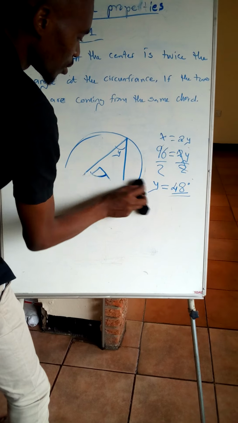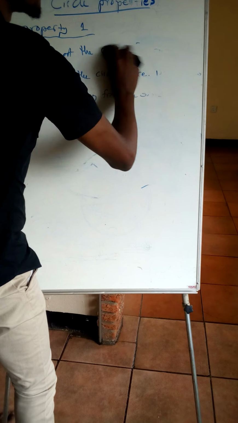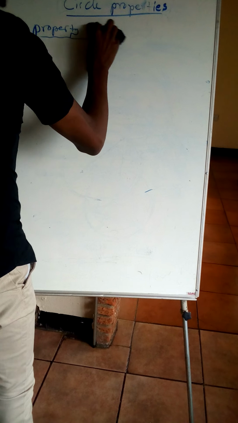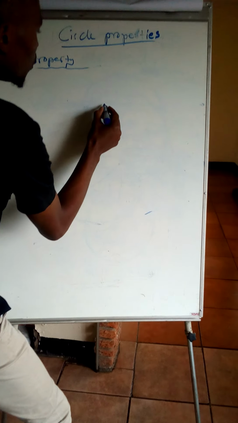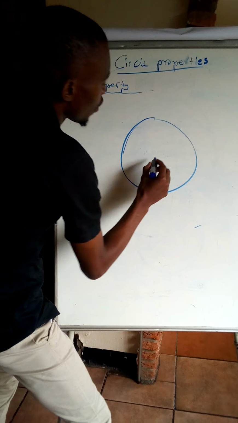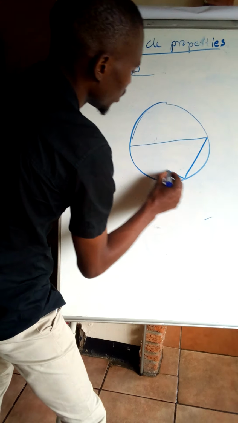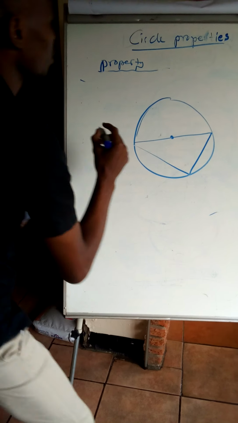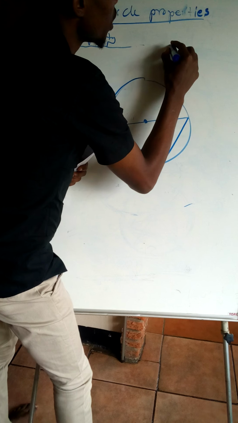Property number 2, real quick, we're running out of time. Property number 2 is basically an extension of property number 1. Let me write it here real quick.